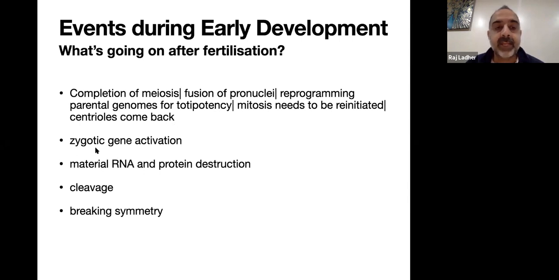This step here, the zygotic gene activation, maternal RNA and protein destruction are all common in all embryos. Cleavage, of course, happens in all embryos, but the patterns of cleavage are different. And then finally, symmetry is broken in slightly different ways in different embryos as well. And so we'll talk about this in the next few slides.